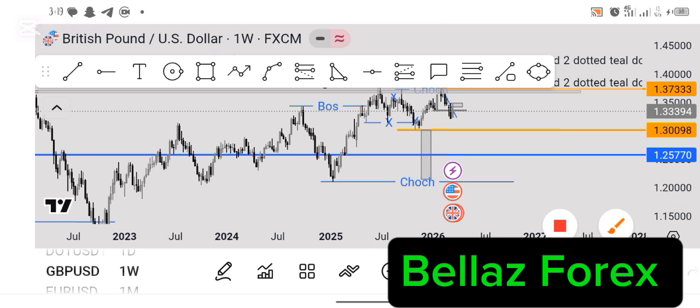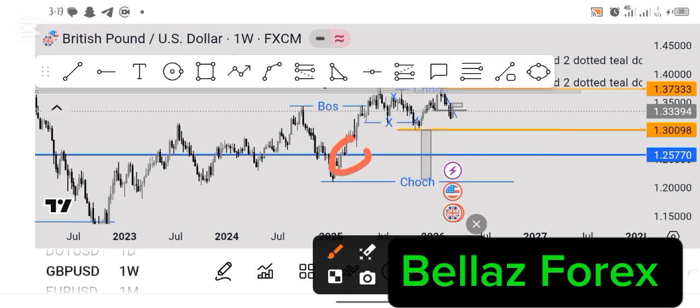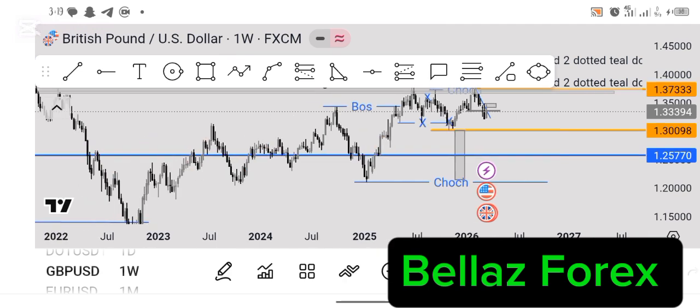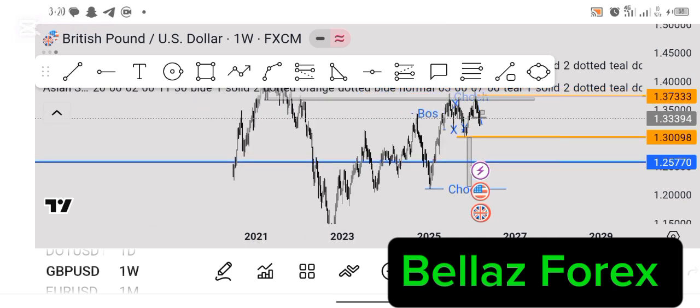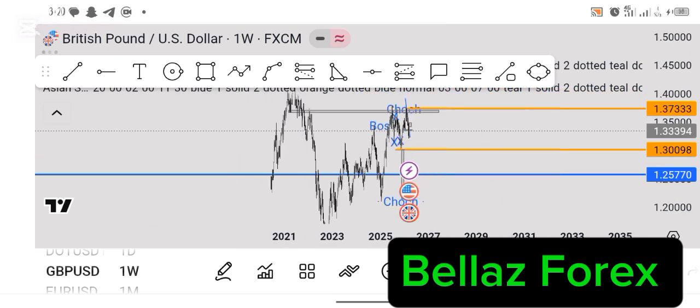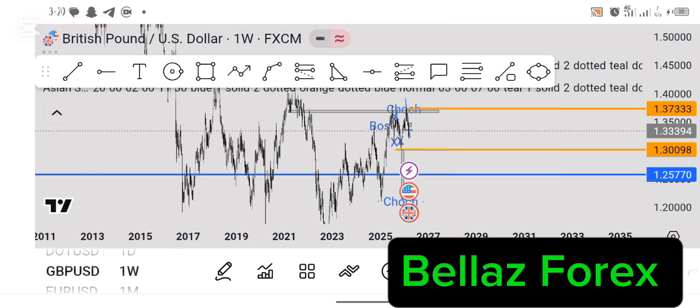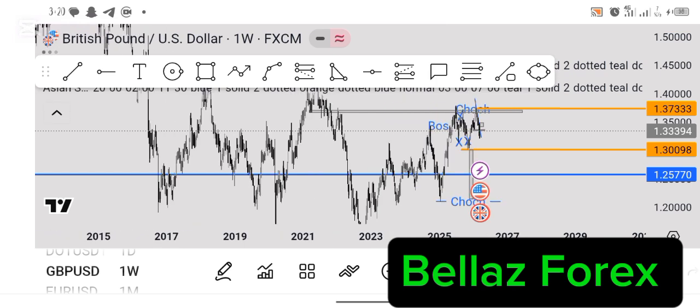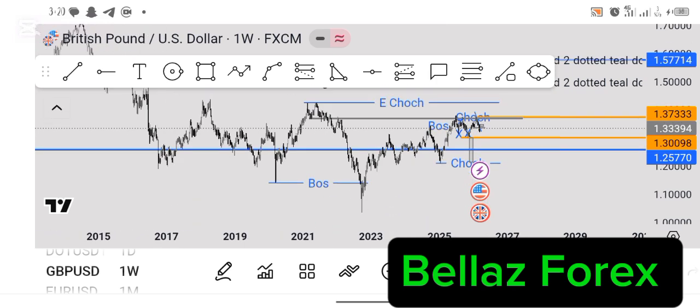That tells us that this is a very strong level that we can look at for price to come to either retest or break, since price is on a sell move.